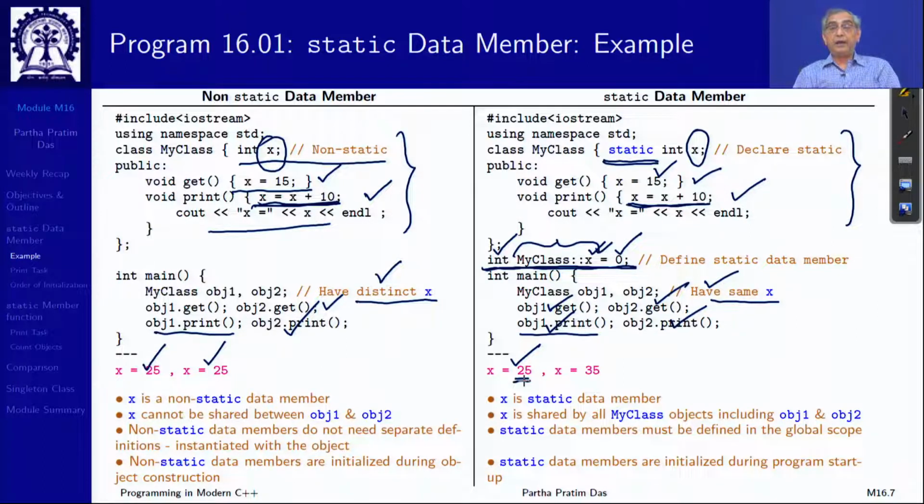If I add 10 to it, it will become 35. So, the second time it prints 35. This clearly tells you the difference between a non-static data member and a static data member. Right. The explanation is written below for your reference.